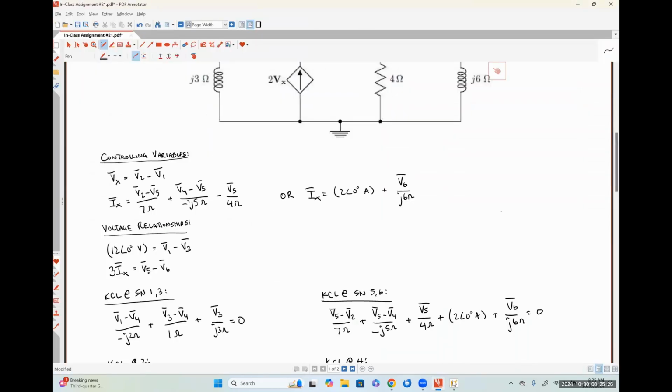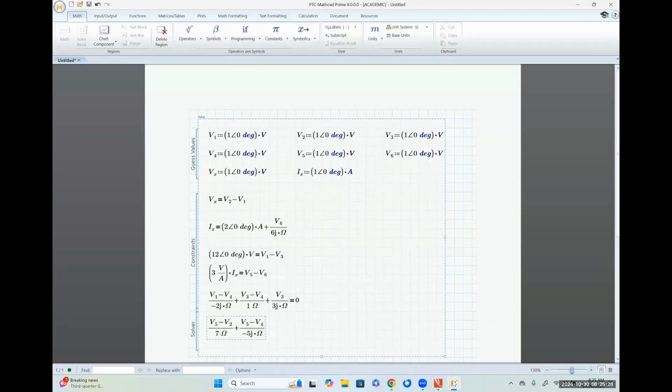Then I have V5 over 4. Then I have minus 2 angle 0 degrees amps plus V6 over 6J ohms is control equal to 0.